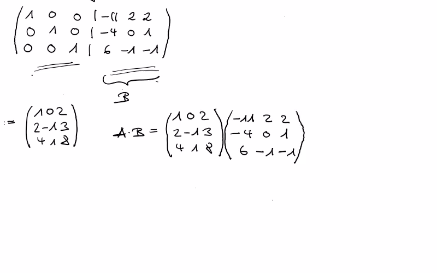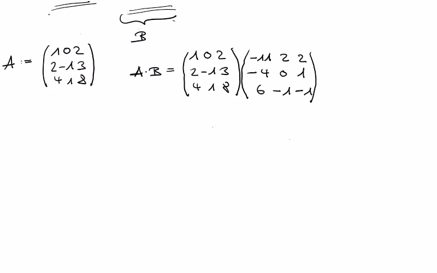Oh, these brackets kill me. So then let's compute that. So we have 1 times minus 11, that's minus 11, plus 0 times minus 4, that's 0, plus 12, so minus 11 plus 12, that's 1.